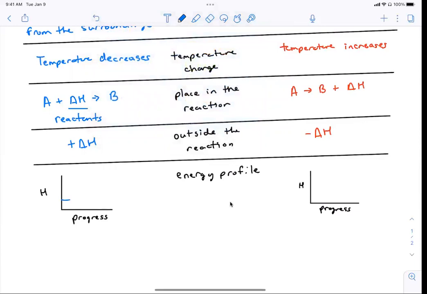So if you're going to graph it, you would graph the reactants lower than your products. The reactants had to gain energy to get to the products, and that difference in energy is your delta H.